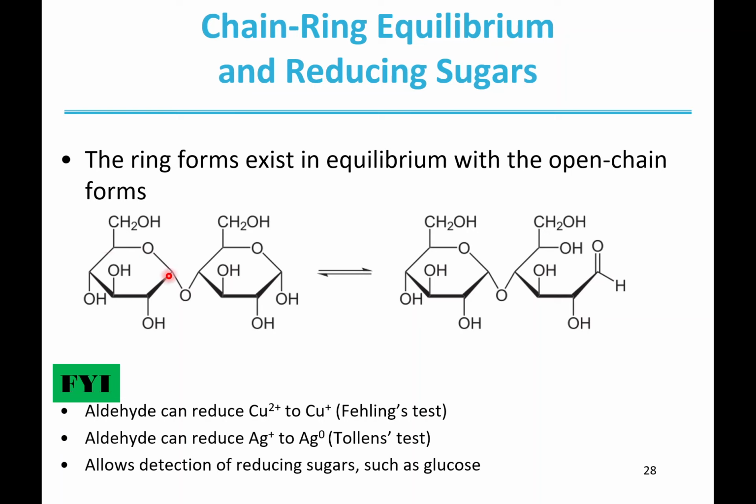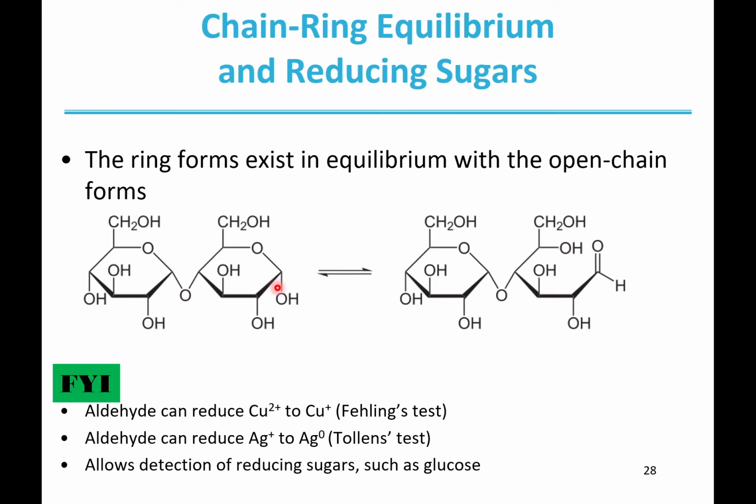So this ring is not going to be able to open and close anymore. This is a fairly stable functional group. On this other end, we have carbon attached to OR, hydrogen, an R group, and then an OH. And this is what's known as a hemiacetal again. A hemiacetal is not as stable, and this will have some equilibrium between the closed form and the open chain form. So this will open and close.